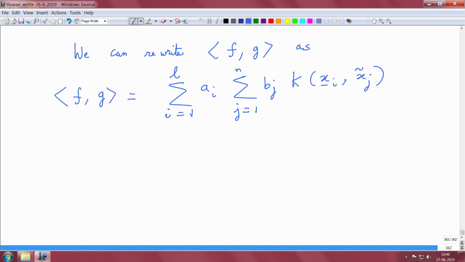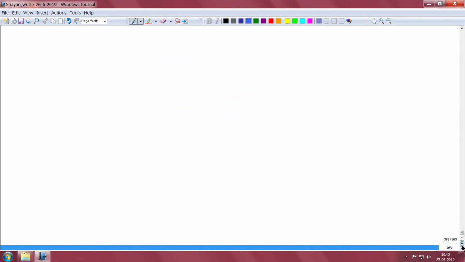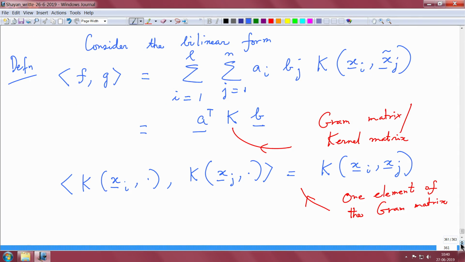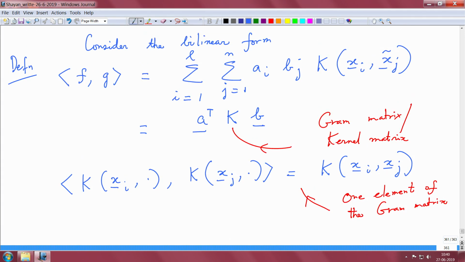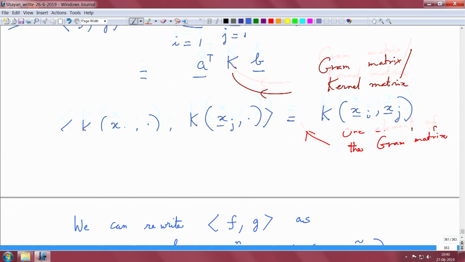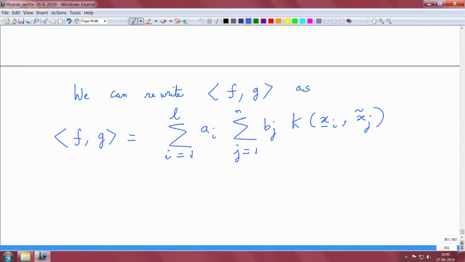So I consider my bilinear form, by definition. Right, this was the definition. I had a summation i equals 1 to L, summation j equals 1 to n, a_i b_j times this kernel. So what I am trying to do is rearrange this. So a_i I will pull outside the summation, and I will write it in this form.